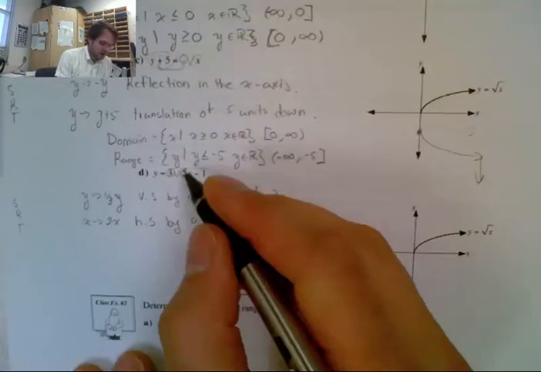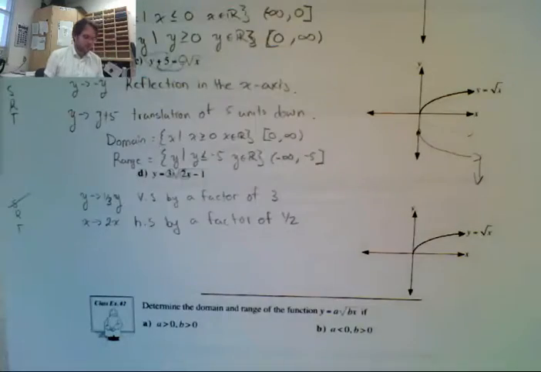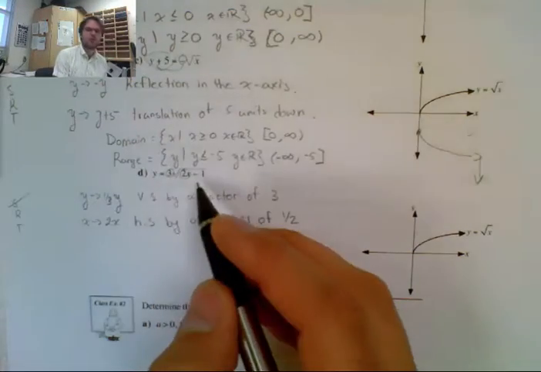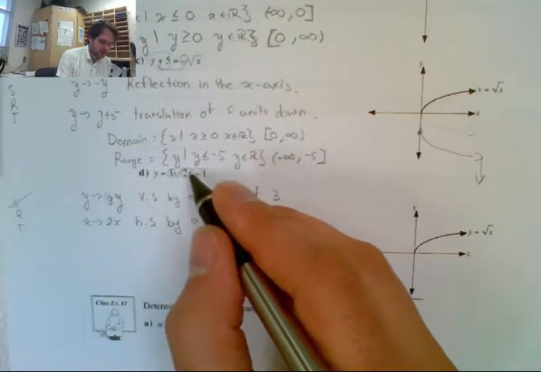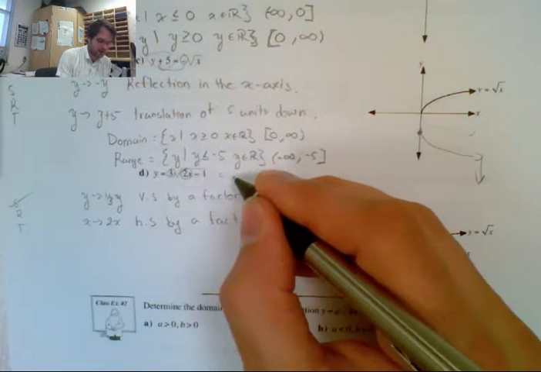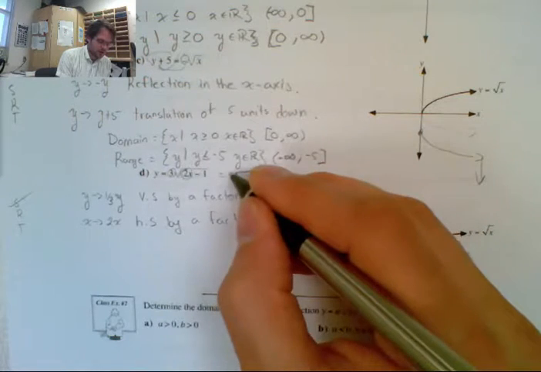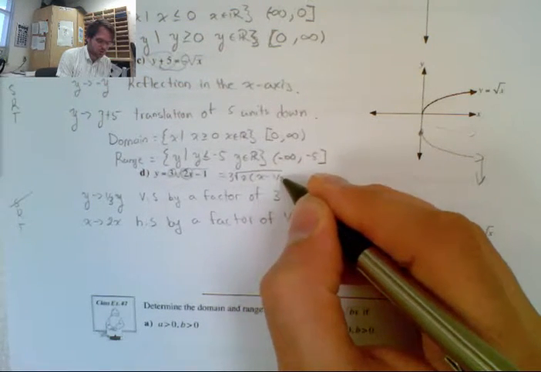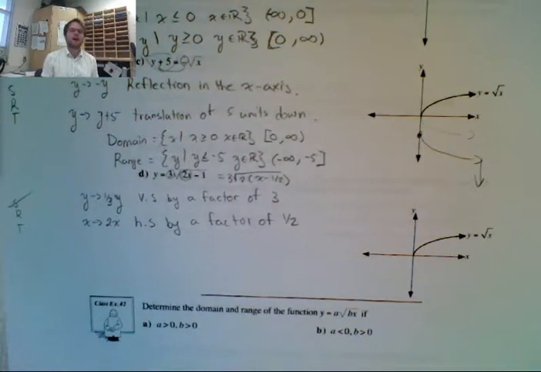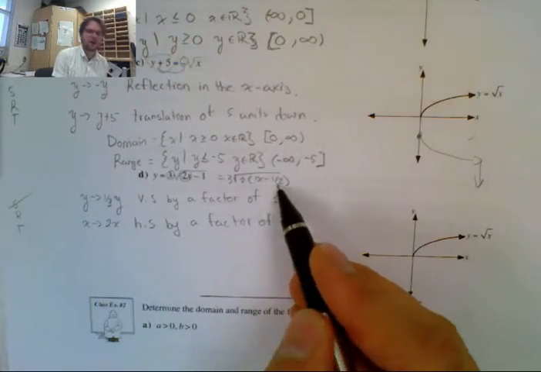Now, we're done with my stretches. Are there any reflections? Nope, there's no negatives. So now I want to look at my translations. But before I get to my translations, I'm going to simplify this here. So this is the same as root 3 root 2, and this is x minus 1/2. I have to factor out that 2 from my equation.